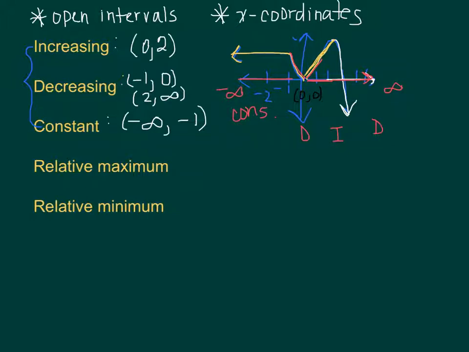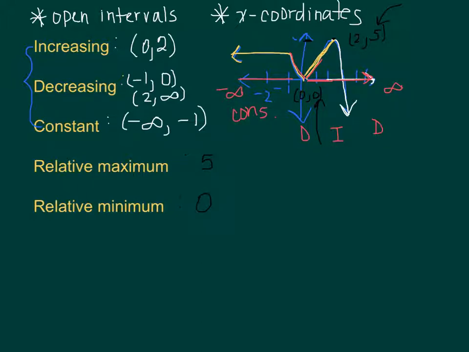And then this point right here, we'll just say is 2, 5. So when they ask you what the relative maximum is, that's this value. If they ask you for the relative minimum, that's this value. So in this case, my relative maximum is 5, and my relative minimum is 0.